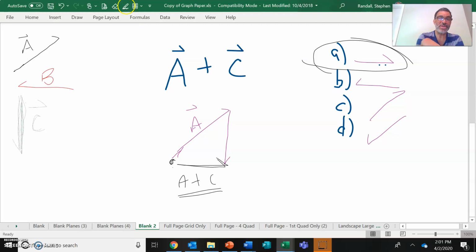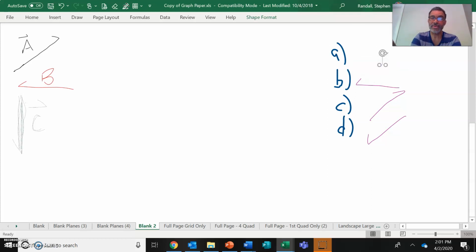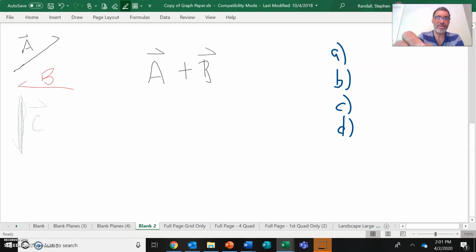So I'm going to erase that. But I want to add something else. I want to do vector A plus vector B plus vector C. So I'm going to add all 3.